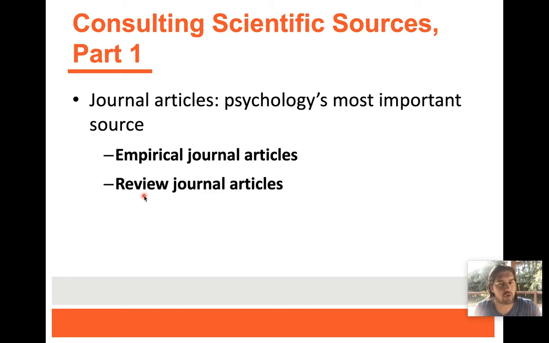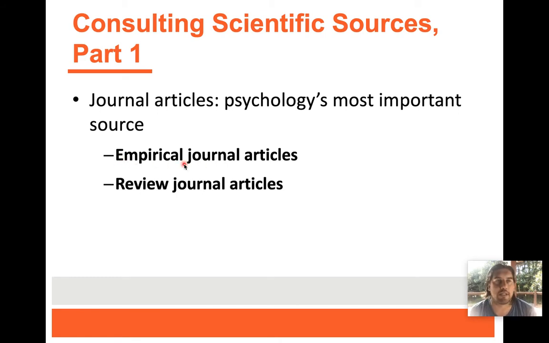However, journals will also publish what are known as review articles. Now, a review article is more about taking a step back, taking a broad perspective on a topic, and drawing some theoretical or large conclusions based upon a collection of published empirical articles.